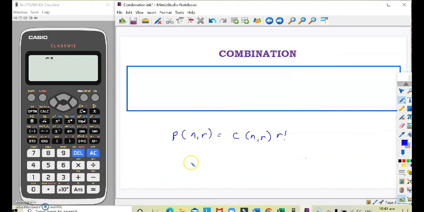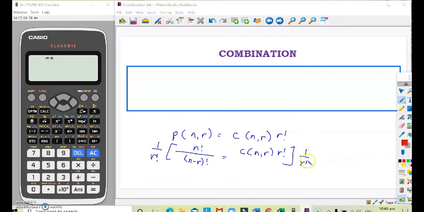Using the formula for permutation, we have n factorial over quantity n minus R factorial is equal to the combination of R elements out of the total of n times R factorial. That means to get the combination formula, we simply need to multiply both sides by 1 over R factorial. That would mean we can cancel R factorial on this side, arriving at the combination of R elements out of a total of n is equal to n factorial over quantity n minus R factorial times R factorial.